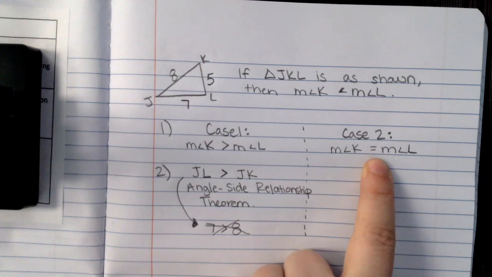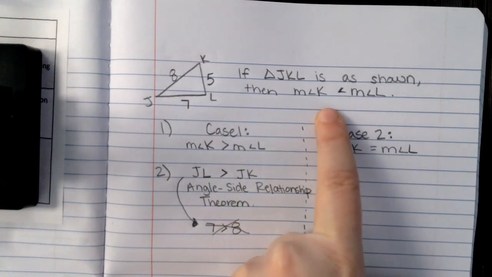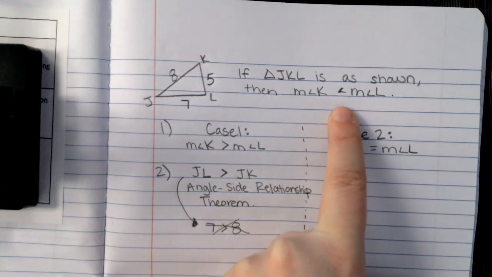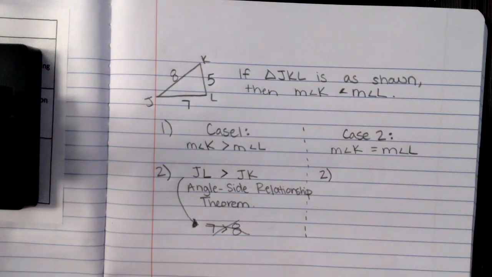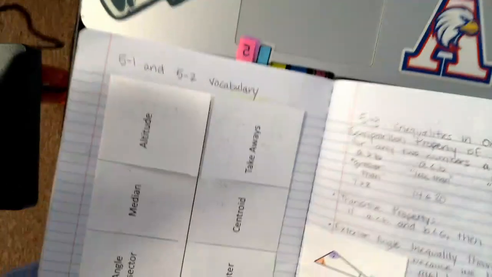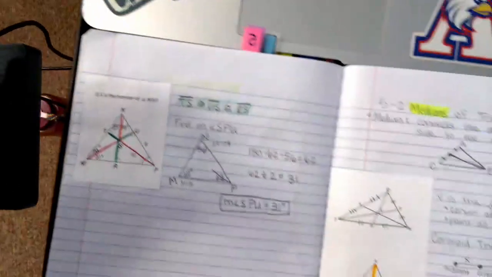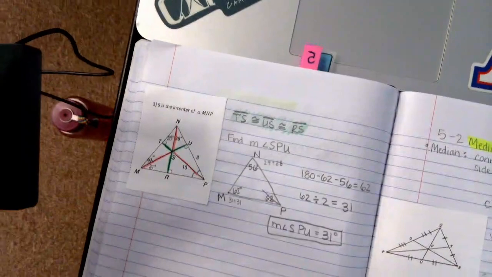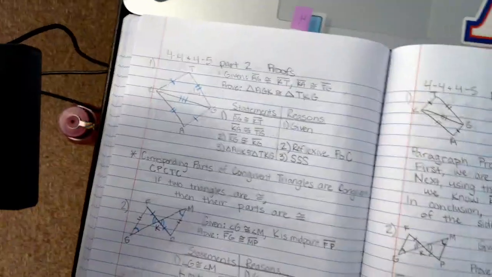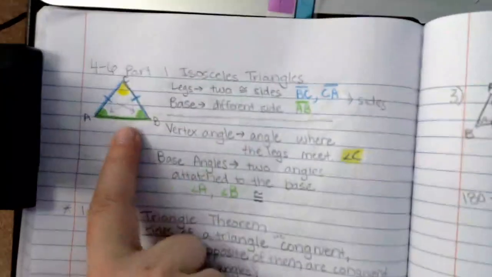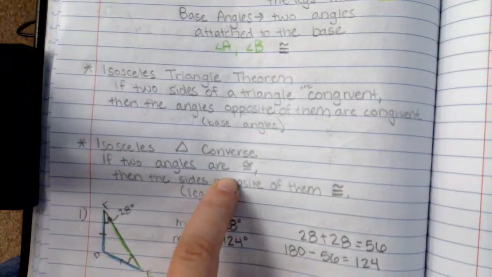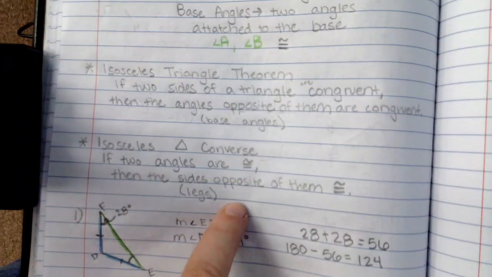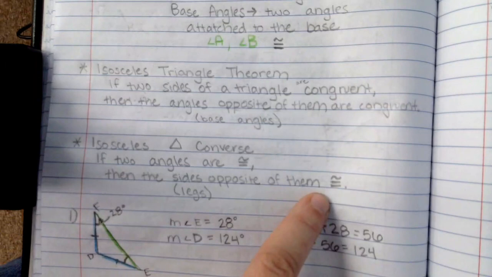Alright, for this one we're going to go way back to chapter 4, aka it's not that far back. Those of you that had us last try can flip back to chapter 4, 4-6 part 2. We know that if two angles are the same, then the sides opposite of them are also the same. Remember, what do we call that triangle when we had two angles that were the same and two sides that are the same? Isosceles.